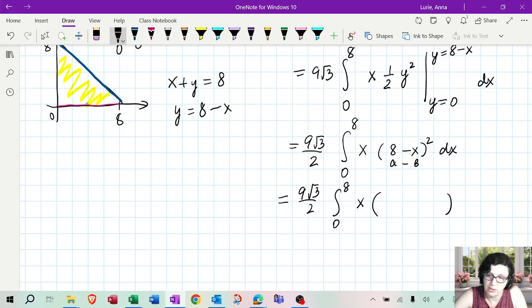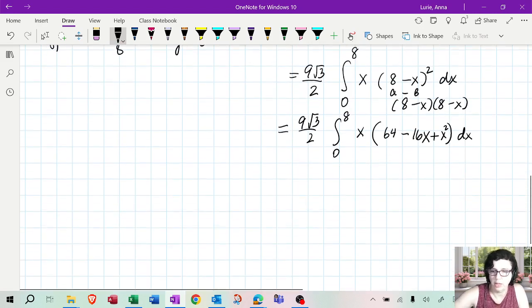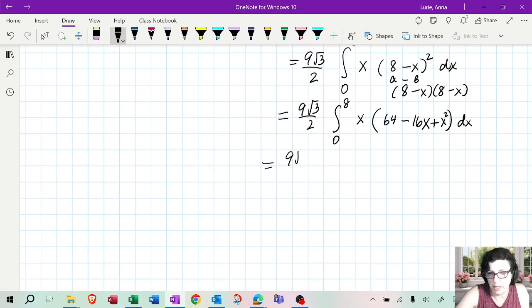So the formula says, okay, first we square a, that's going to be 64. Then subtract 2ab. So 2 times 8, that's 16, and then x, 16x, and then plus b squared. So that's going to be x squared. Now, if you find this hard, think of it as just foiling 8 minus x times 8 minus x, and this is what you would get. Now, let's go ahead and distribute that x. So we will get 64x minus 16x squared plus x cubed.